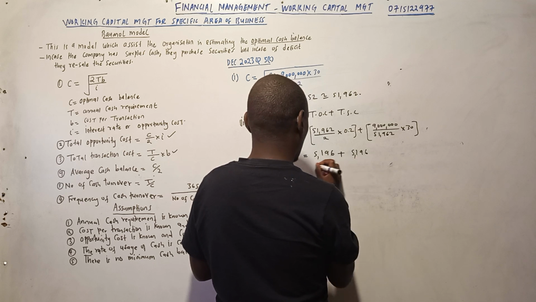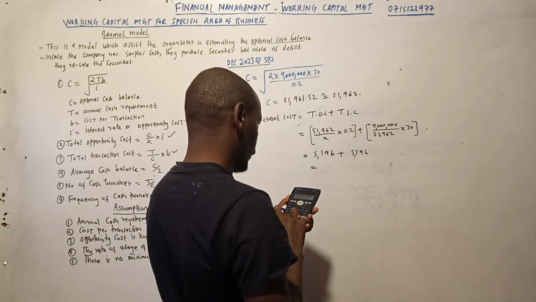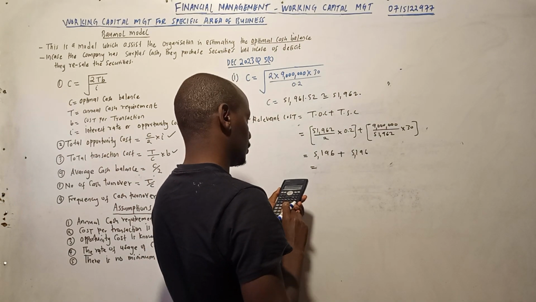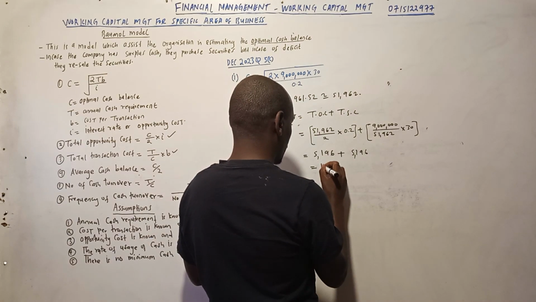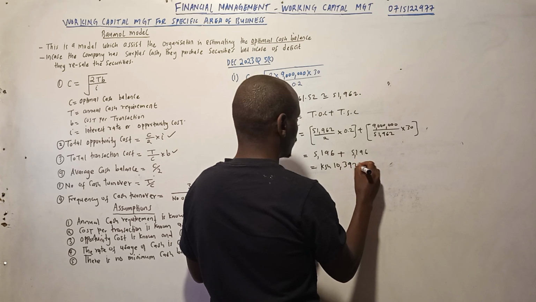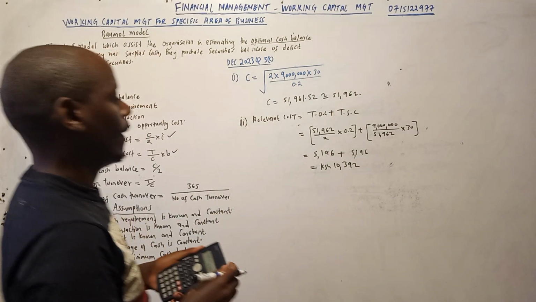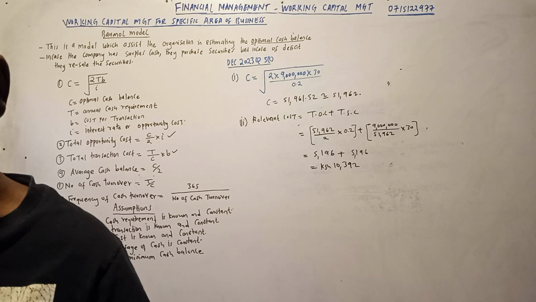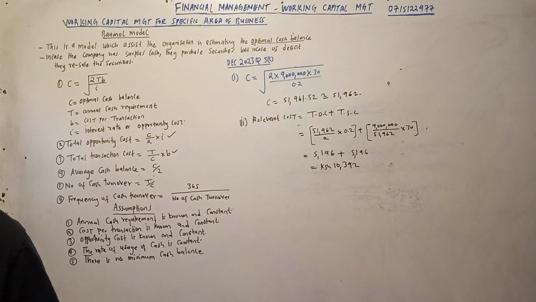So when you add them together, you sum 5,196 times 2. The total cost is Kenya shillings 10,392. So that one we have finished.